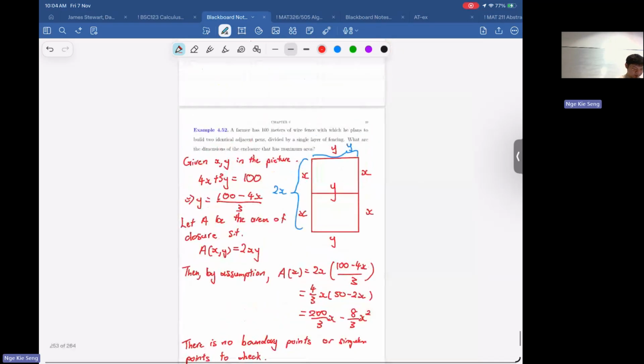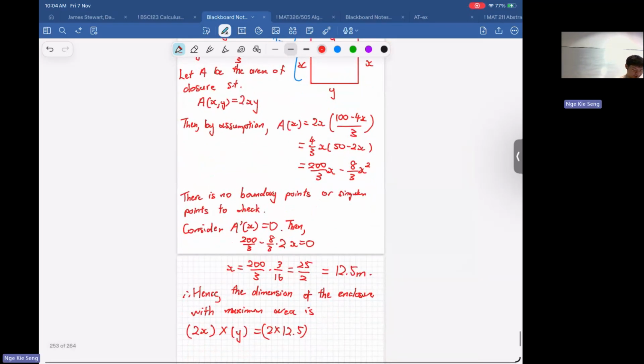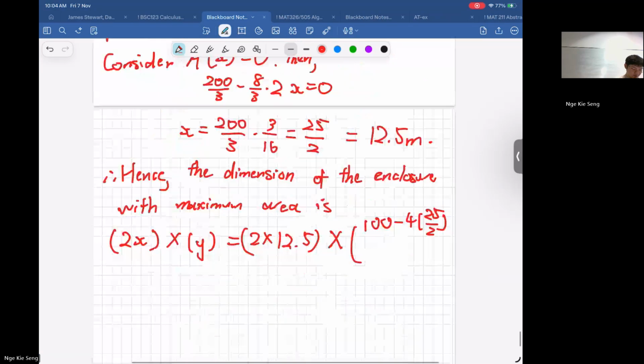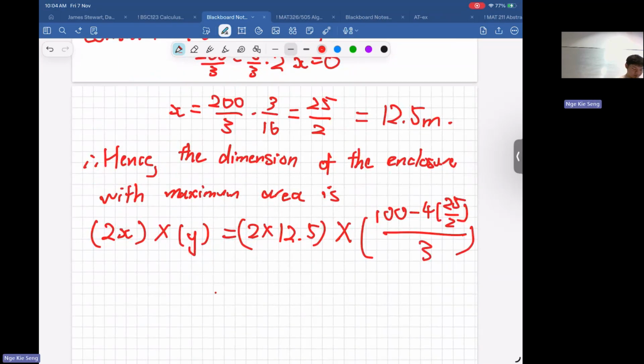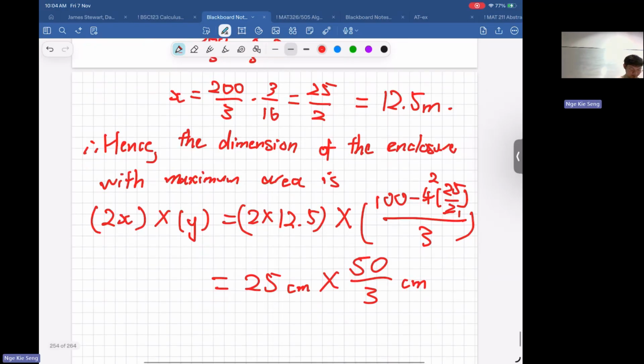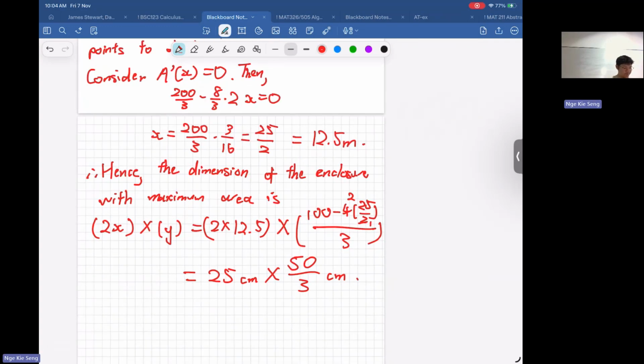So how about your y? Maybe fractions are easier to work with. So (100 minus 4 times 25 over 2) over 3. What do you get? 50 over 3, like that. I think this is the nicest way to put it, instead of writing an unlimited decimal expansion. I think that's good.